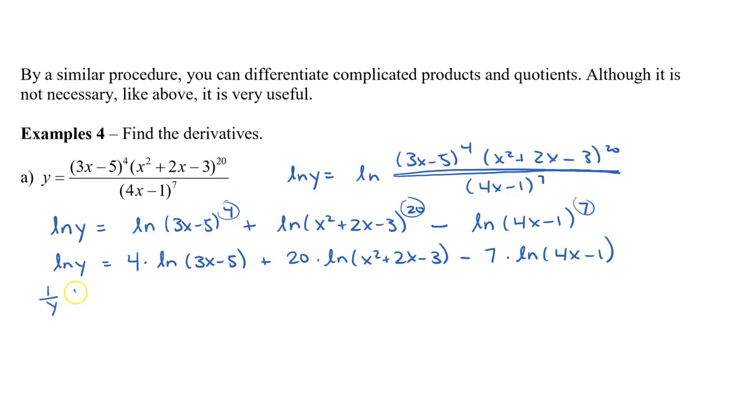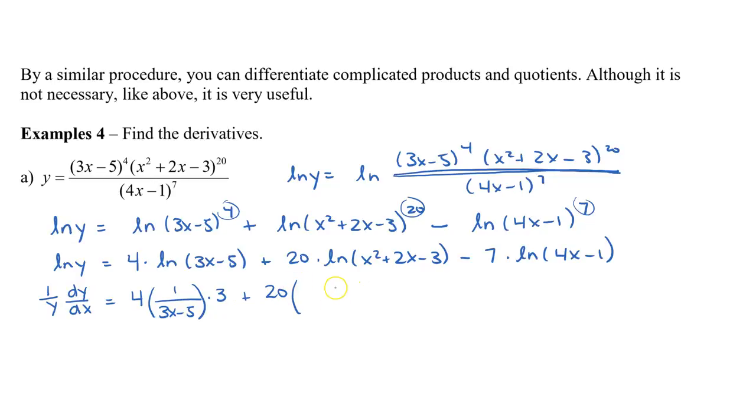So I have 1 over y dy/dx is equal to 4, because it's just my coefficient. Remember, the derivative of ln is going to be 1 divided by 3x minus 5. But then I need to use the chain rule to take the derivative of 3x minus 5. So that's going to be times 3. Do the same thing with the other two as well.